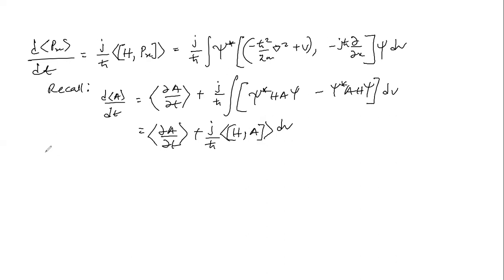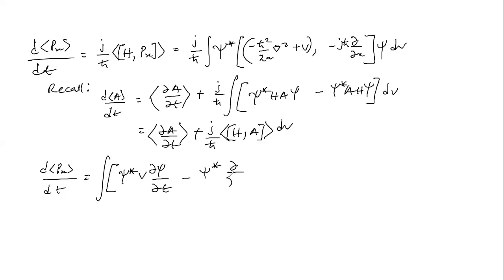Then I will just run quickly because we're running out of time. Going by what we already did, the first time derivative of the expectation value of the momentum will therefore become the integral of psi conjugate V dpsi/dt minus psi conjugate d/dx of V psi dV.